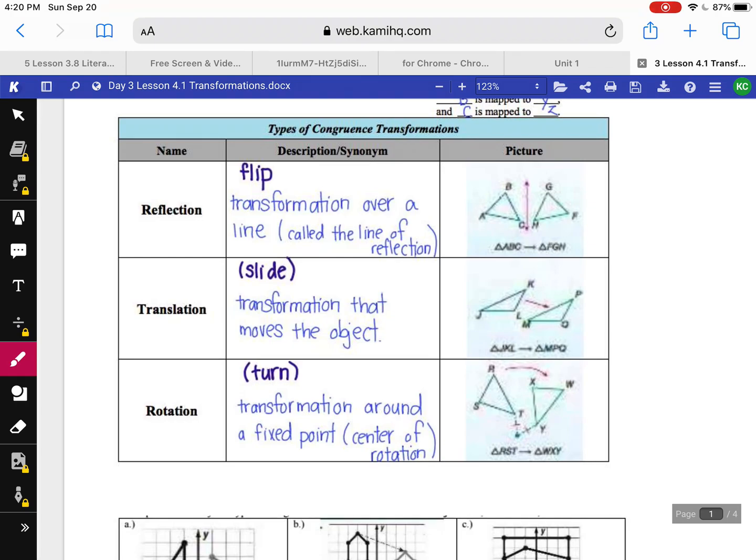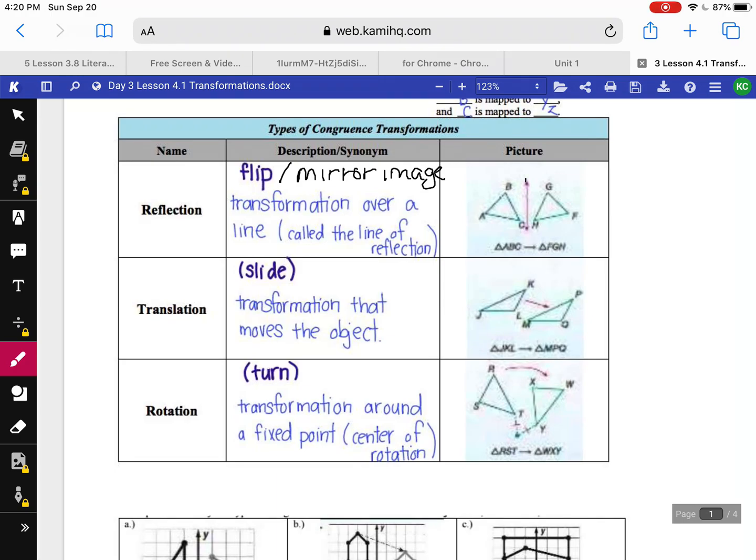We know that there's reflection, translation, and rotation. Reflection is when we flip a geometric shape. We could also say that that would be like having that mirror image of a shape. Many times we see reflection over the X or Y axes.